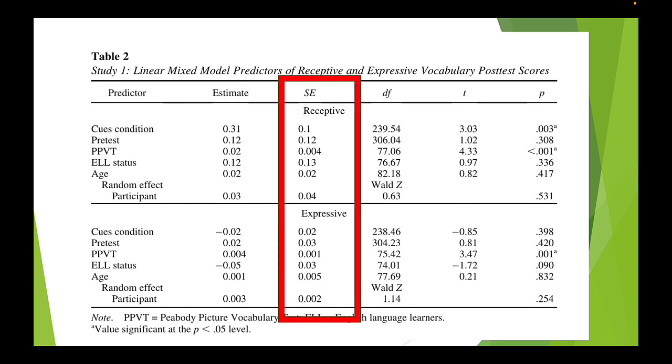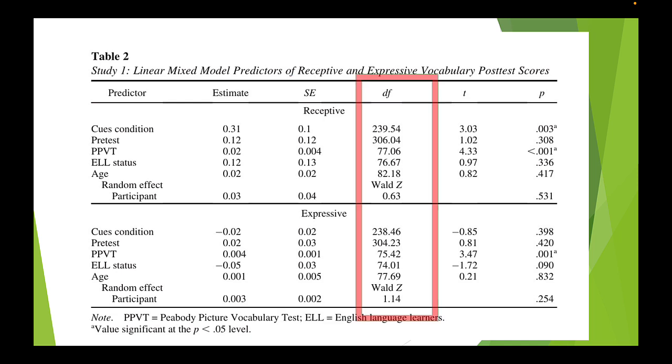The SE stands for standard error, and this reflects the variability or precision of the estimate value. The degrees of freedom is used to calculate the T statistic. It represents the number of observations and the number of parameters being estimated, and that is a lot of confusing things, but I'm just giving you a tour of Table 2 here. You don't have to know or understand anything about degrees of freedom.